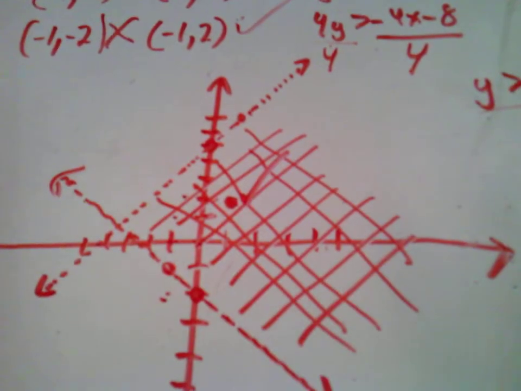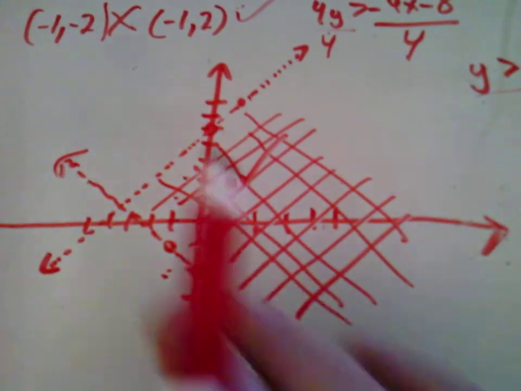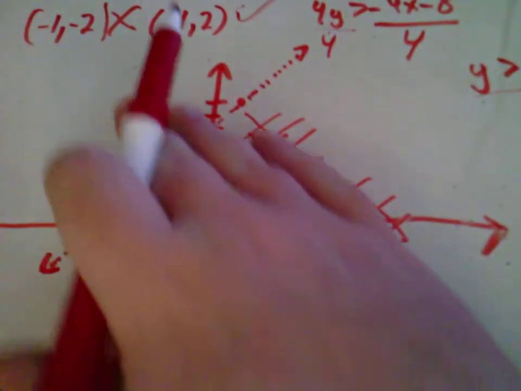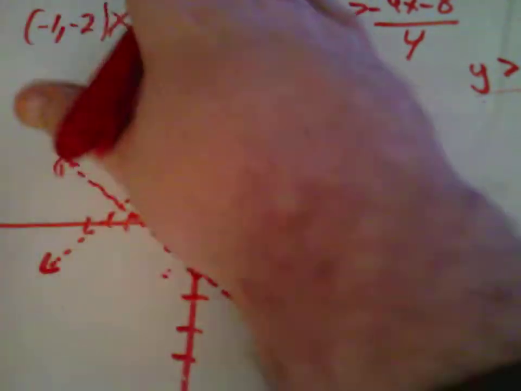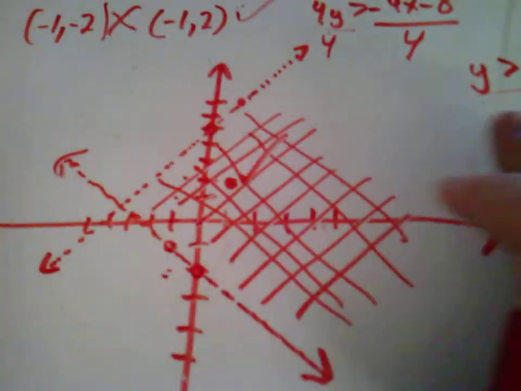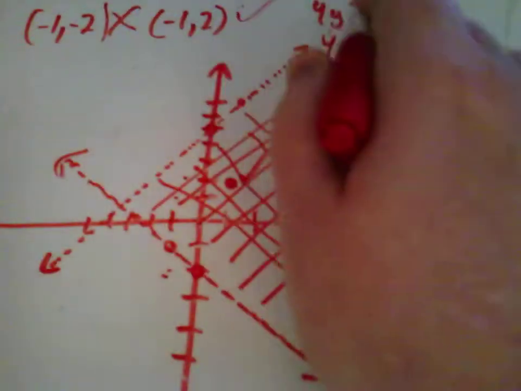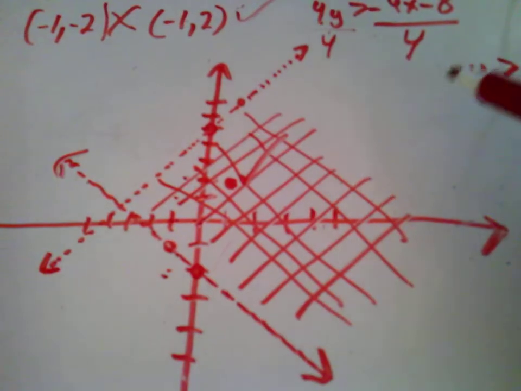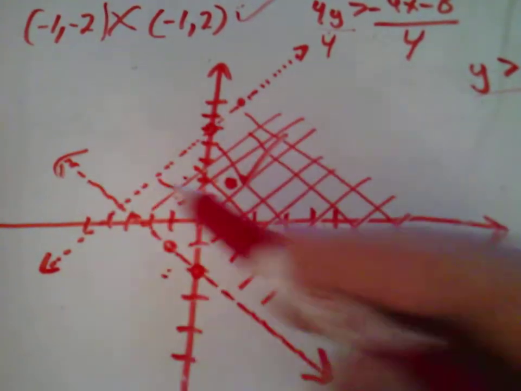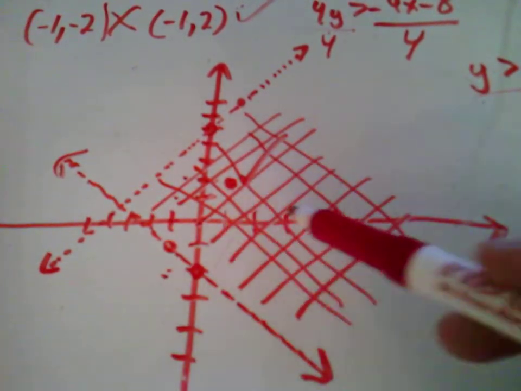Now, I just want to make one thing clear. It may seem like we went a little out of our way from looking at these problems in order to solve this, but we've saved ourselves a ton of time, because if we went through and plugged each of these into each of these, that would be 8 different problems to simplify, 8 chances to make a mistake. Here, you just graph the 2 lines, and you see where these points fall.